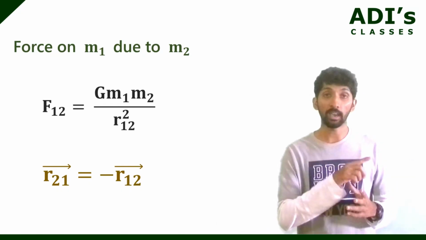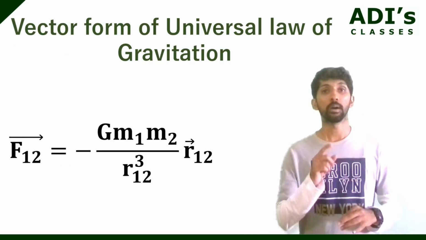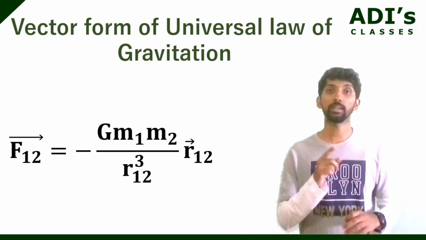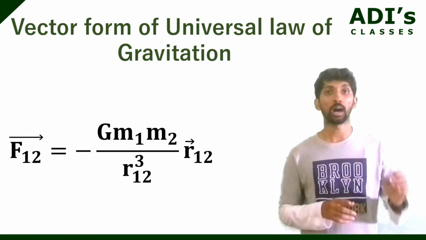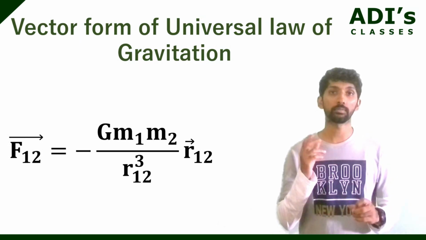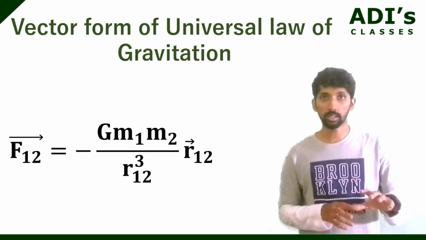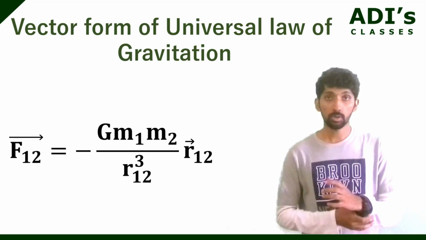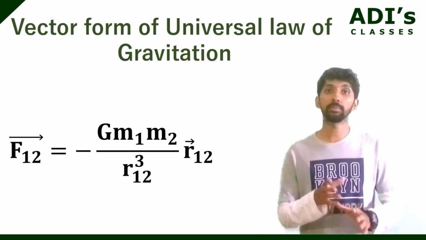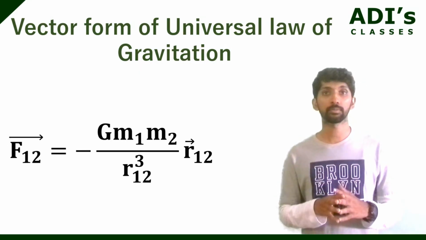So F12 becomes minus G m1 m2 divided by r12 cube into vector r12. Now here the distance is the same, so F21 will be the same as minus F12.